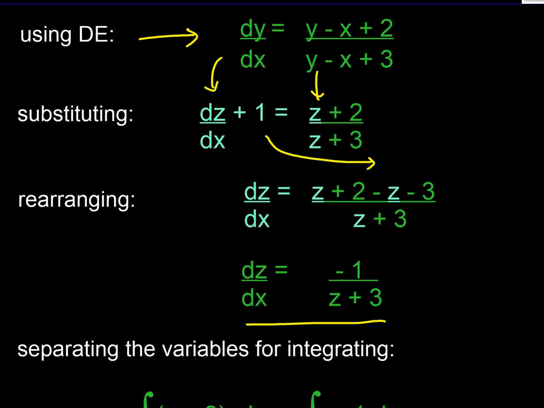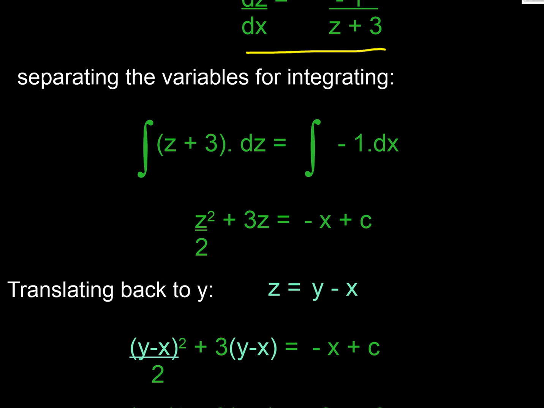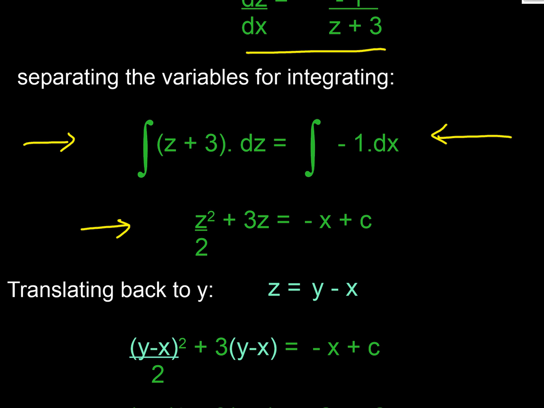Good. So I'm going to use separation of variables again to solve this. I'm just going to split the variables, so I've got z's on this side, x's on that side, and integrate it. So I get this almost quadratic in z coming along here. So z squared over 2 plus 3z on the left hand side, I've got minus x, and I've got my constant of integration.